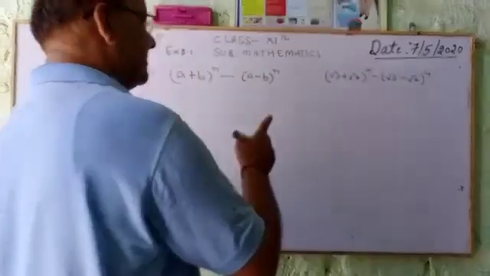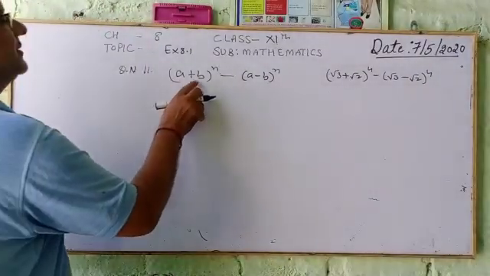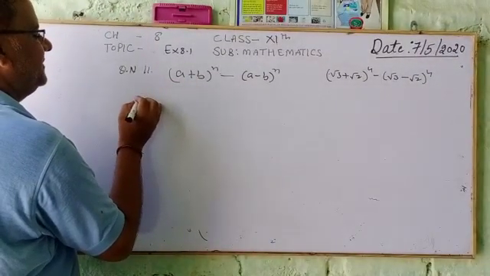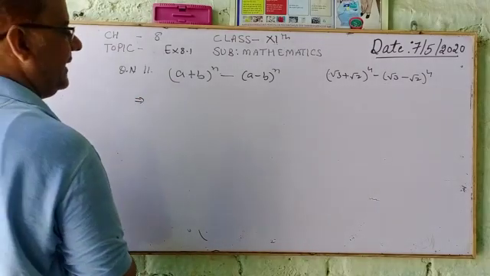We solve this question. First we apply the binomial theorem to (a plus b) raised to power n.